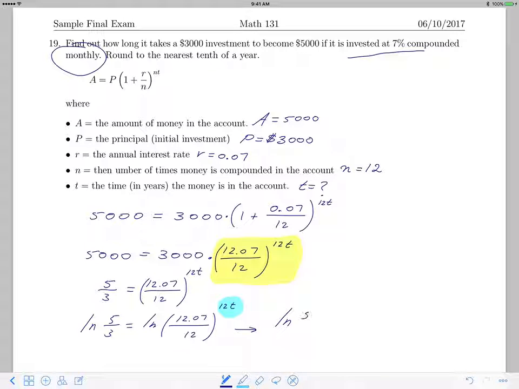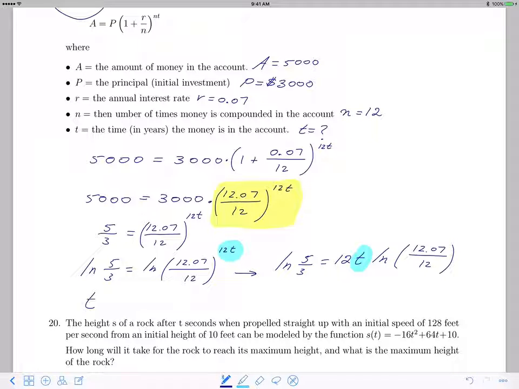So we have ln of 5 over 3 equals 12t ln of (1 plus 0.07 over 12). Now the thing we want to isolate is the variable, which is t. So to get t by itself, we're going to divide both sides. So ln 5 over 3 is going to be divided by 12 ln of (1 plus 0.07 over 12).